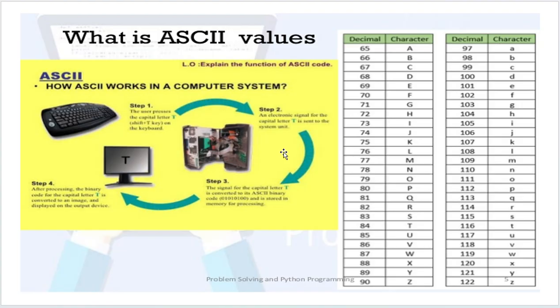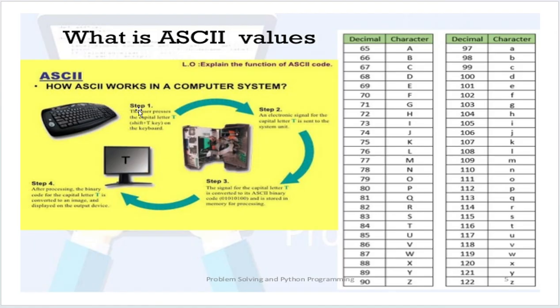The signal will be converted into its ASCII binary values. As we all know, systems can understand only zeros and ones. So whenever a key is pressed, it is converted to its ASCII binary code, in zeros and ones, and it is stored in the memory for pre-processing.